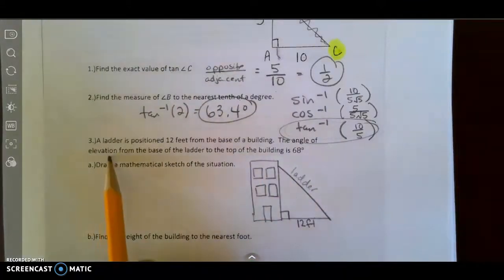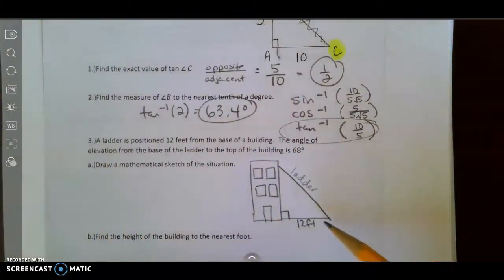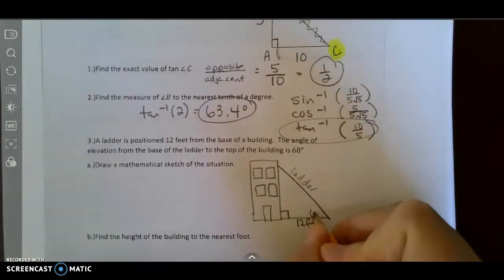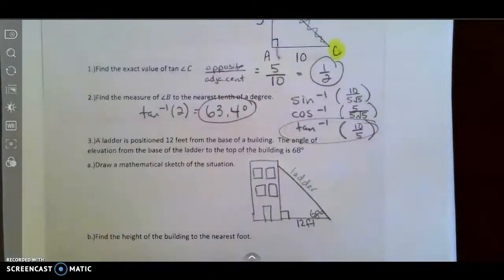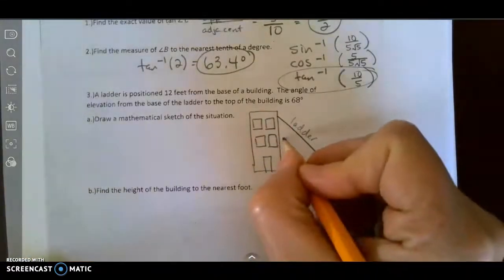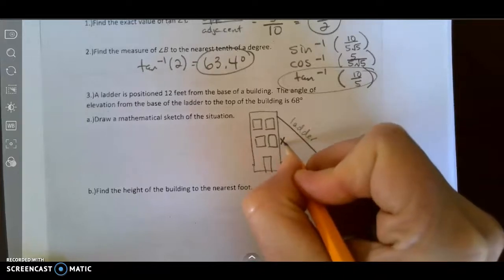The angle of elevation from the base of the ladder to the top of the building is 68 degrees. So right here is my 68 degrees. Find the height of the building to the nearest foot. So this is what I'm looking for right here. This is my x.